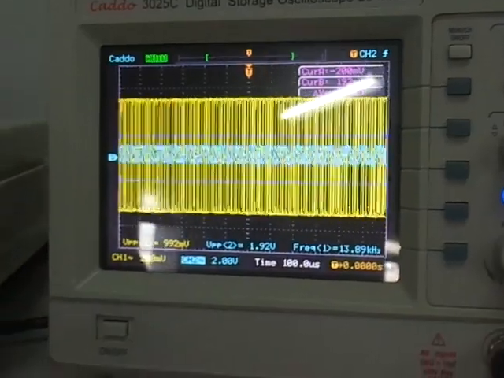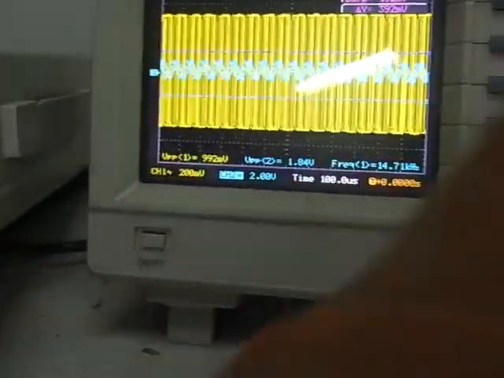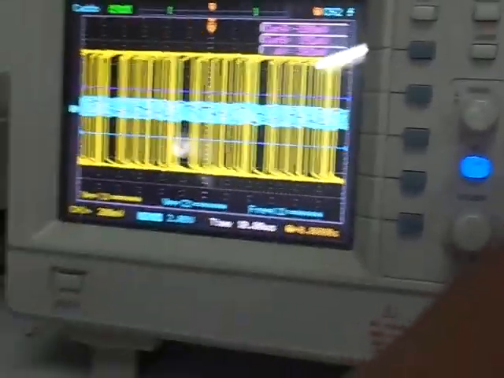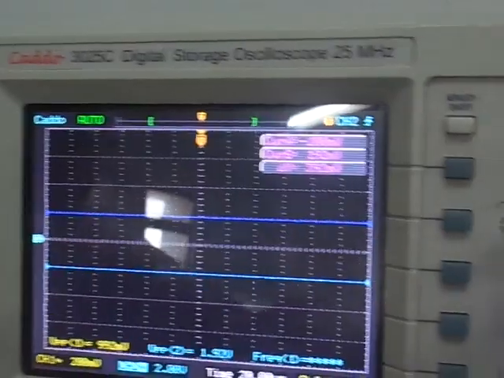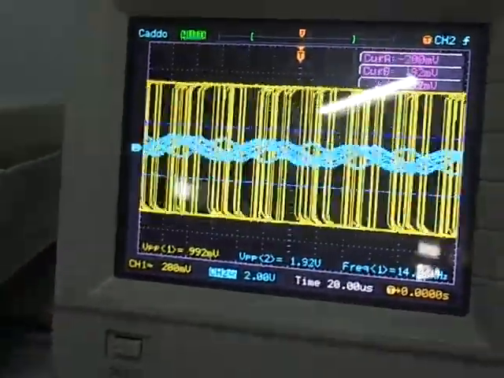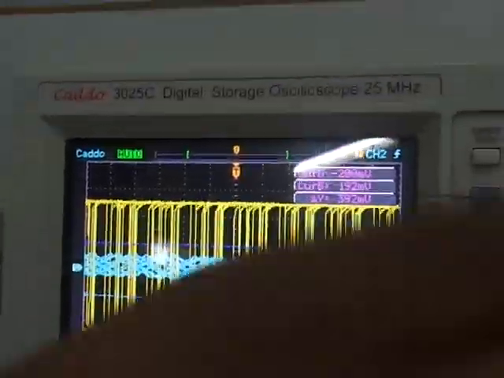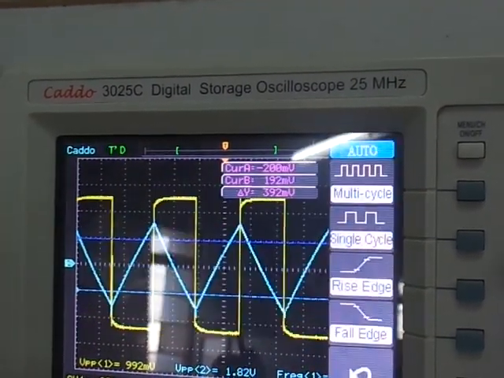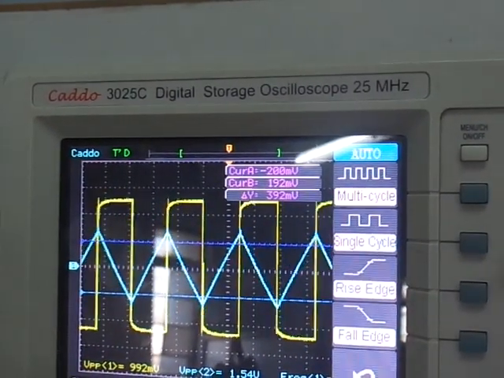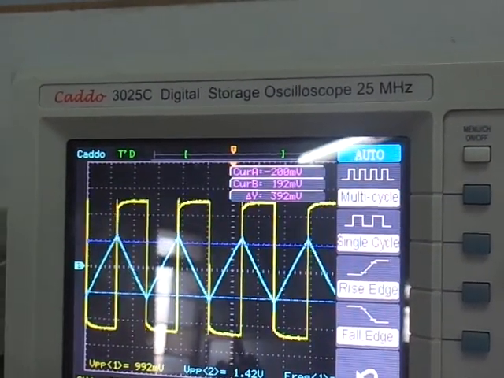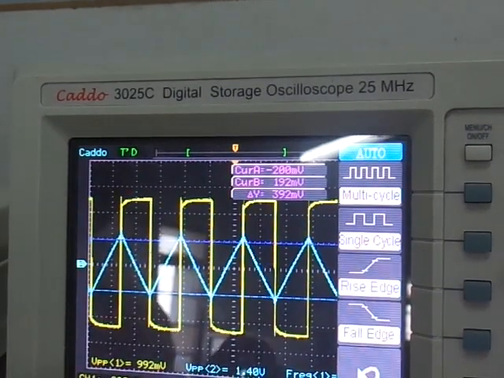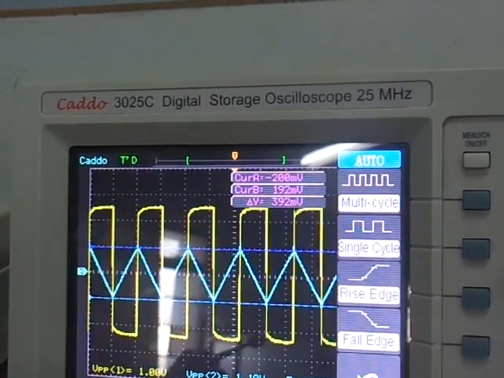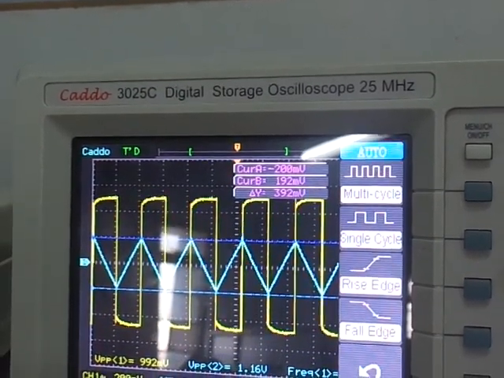Now still I am going to increase the frequency. At around 18 kHz we are getting 1.32 volts, and as we still go on increasing, if you see now the amplitude is reaching towards 1 volt.